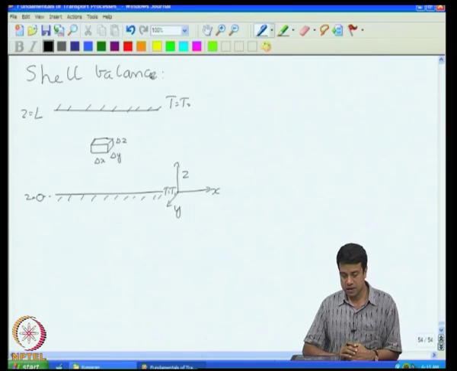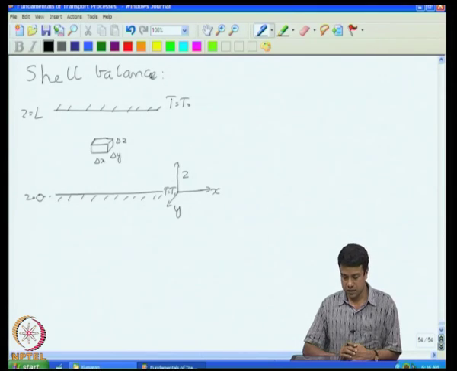For the general unsteady problem, the temperature will also be a function of time as well as the z coordinate. Okay. So, let us try to derive an equation for the temperature which tells us how the temperature will vary with respect to the z coordinate as well as with respect to time. The fundamental principle here is the energy conservation principle.